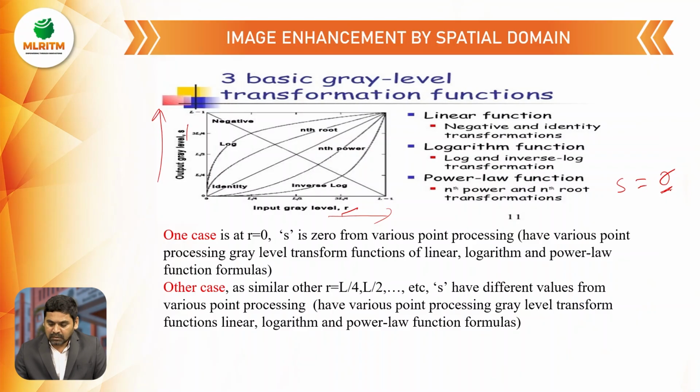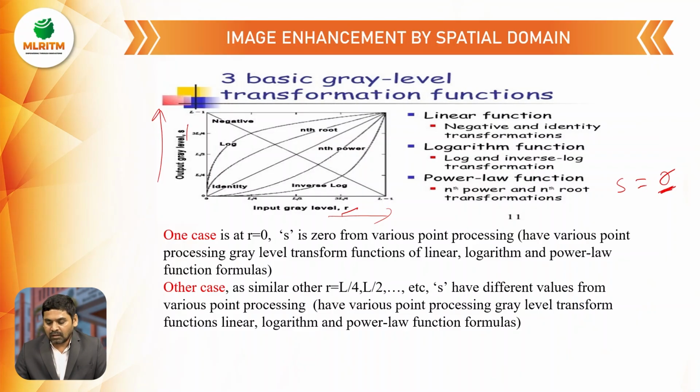So here, in that particular R function, changing some modification on a particular value has three types: linear function, logarithm function and power law function. These three types have subtypes.